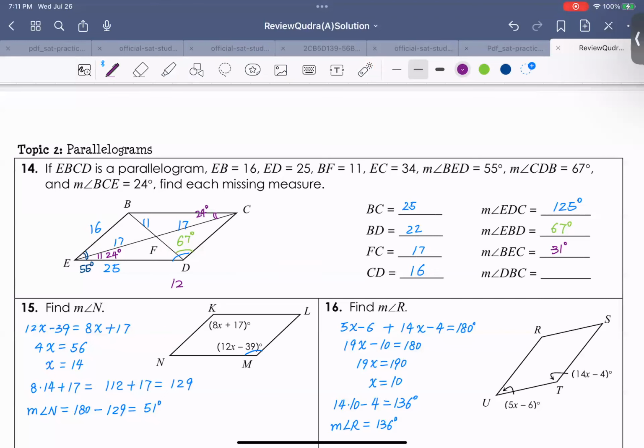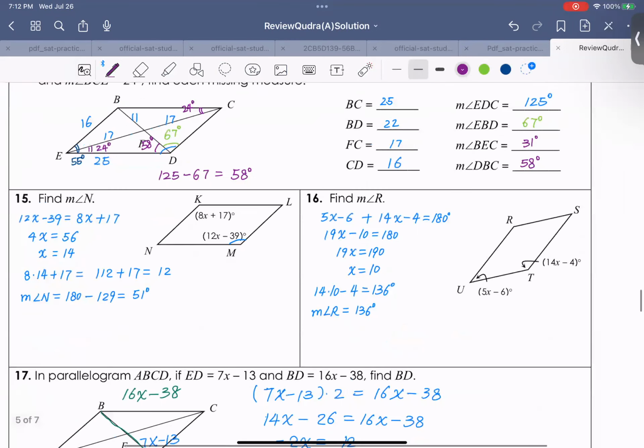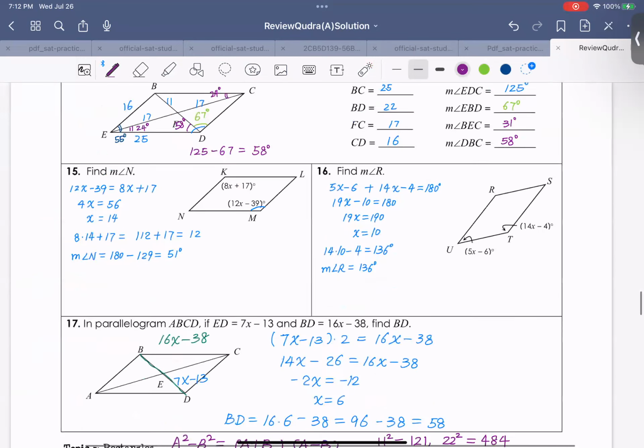So 125 minus 67 gives us how much? 58. So this piece is 58. If this piece is 58, then DBC is also 58, correct? That makes sense now? Yes, so this is basically still doing the parallelogram properties.